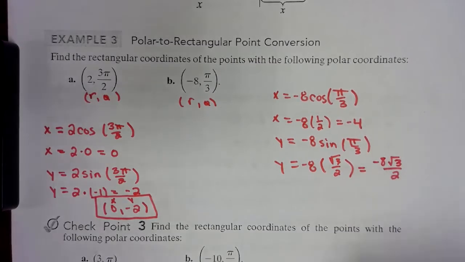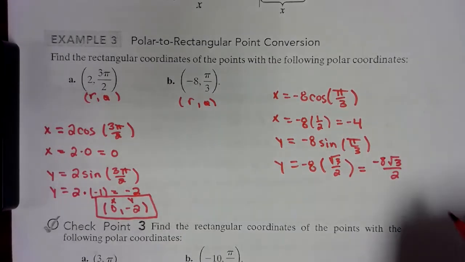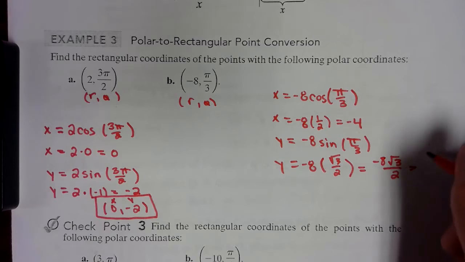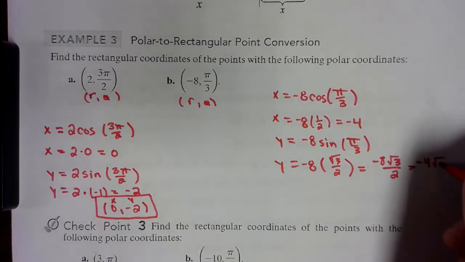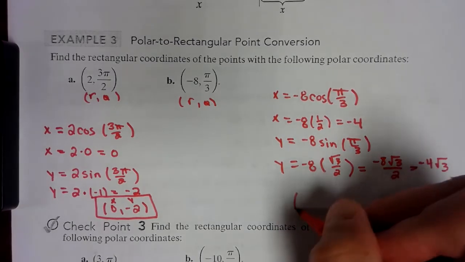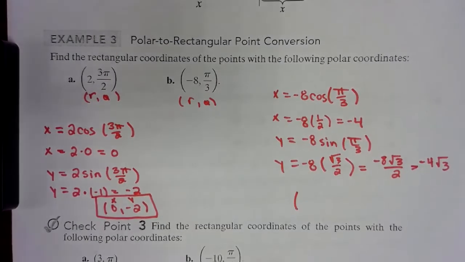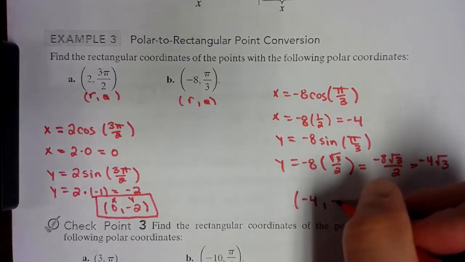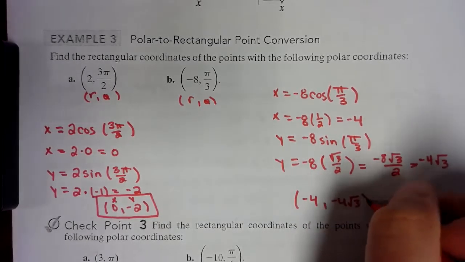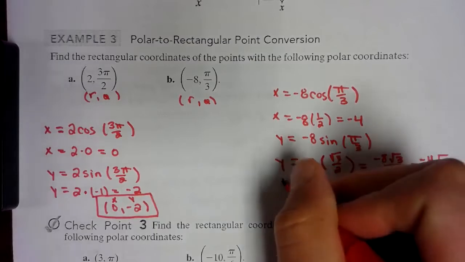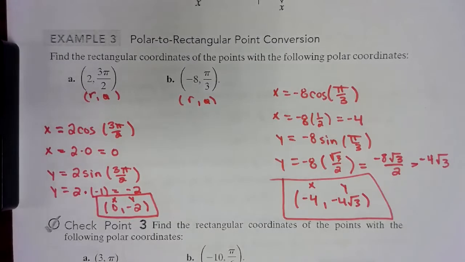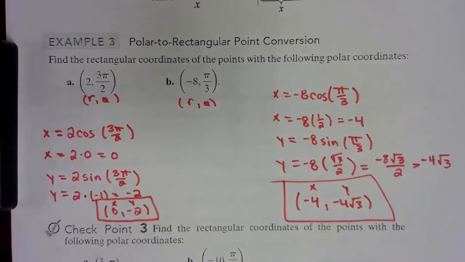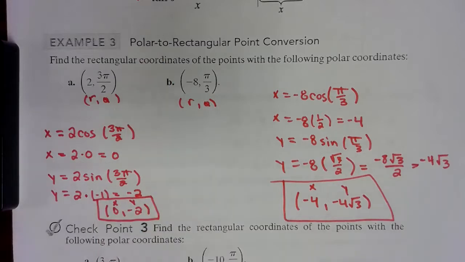And then always make sure you're simplifying this before you type it into Math Excel. -8 divided by 2 is -4, so this ends up being -4 √3. So -8 comma pi over 3 in polar coordinates corresponds to the point -4 comma -4 √3 in our rectangular or XY coordinate grid. That's it. So that is us converting from polar to rectangular.